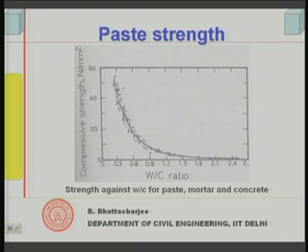That is because water cement ratio controls the porosity and pore sizes in paste as well as the interfacial transition zone, and thereby it controls the strength of concrete or paste, all cement based materials for that matter, right.